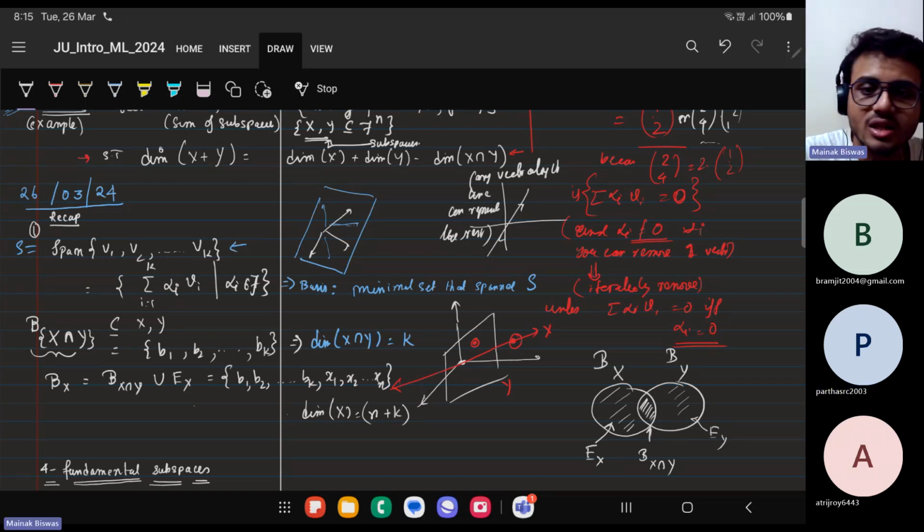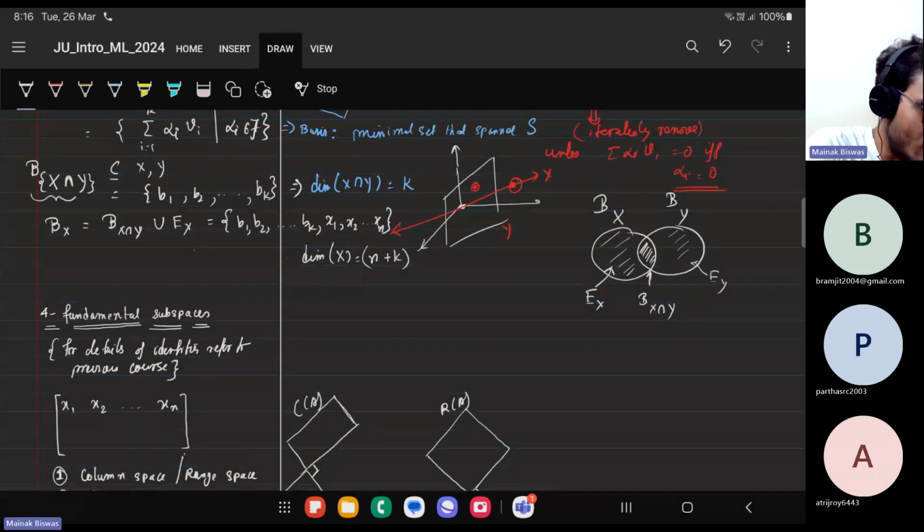So if you have to get R3, you have a plane. You will just add an extension of any line that is not in the plane, right? You will add any vector which is not in the plane, then you will get R3, isn't it? So if all the lines are in a plane, say X intersection Y, for that I drew this.